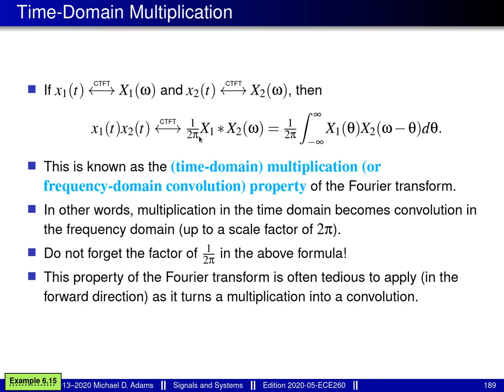Now this particular property of the Fourier transform is the bad news with respect to the Fourier transform. What I mean by this is most operations that we need to deal with in problems that we solve as engineers are made much easier by using the Fourier transform. We saw earlier that the convolution operation is much easier to deal with when we use the Fourier transform, because it effectively turns convolutions into multiplication operations.